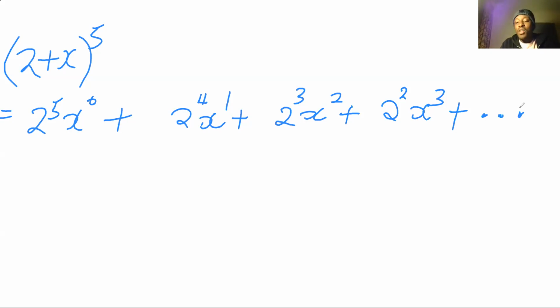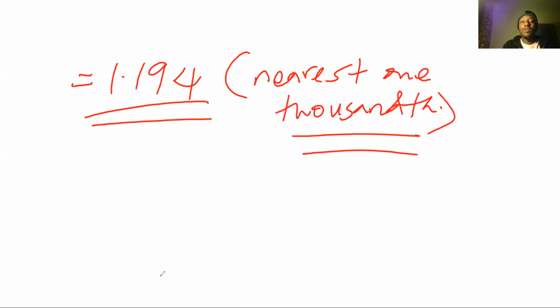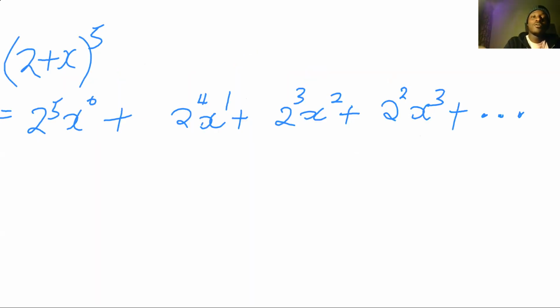Then remember, now we use our binomial coefficients from Pascal's triangle. For 5, it's 1, 5, 10, 10, 5, 1. So those are our binomial coefficients. We'll do them with a different color so that you don't confuse.